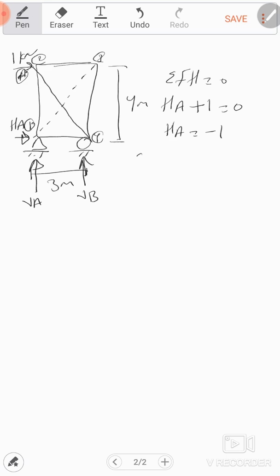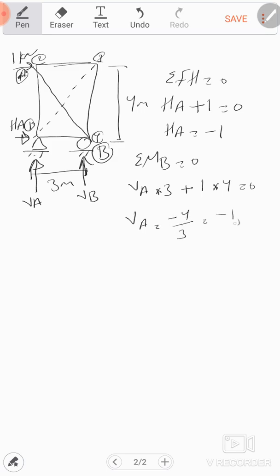Then summation of moments around B, this one is B, node 4, equals 0. VA times 3 plus 1 times 4 equals 0. VA equals minus 4 over 3, equals minus 1.33.